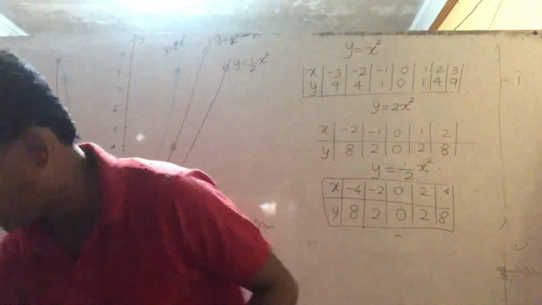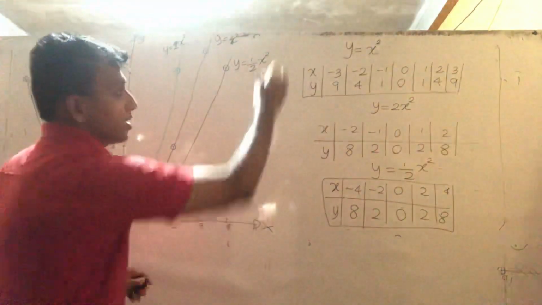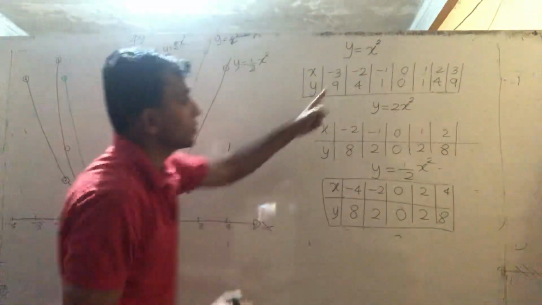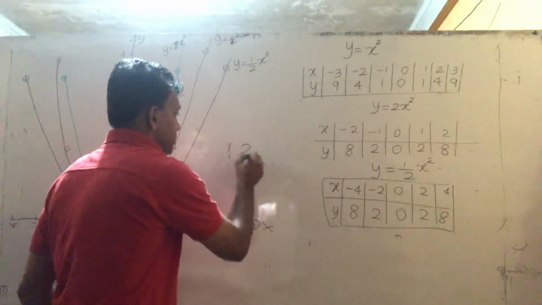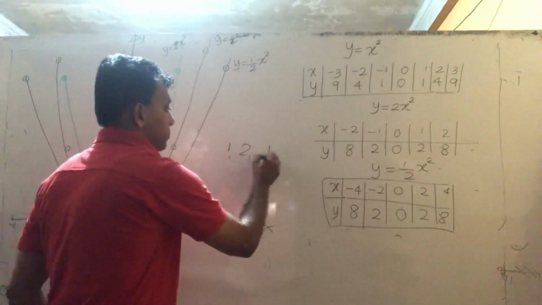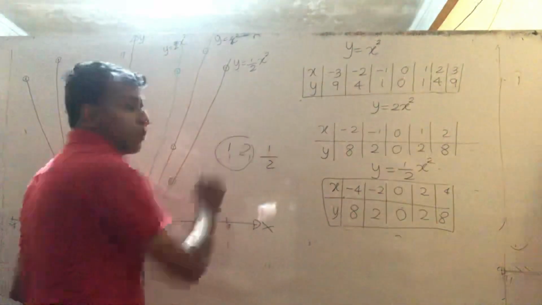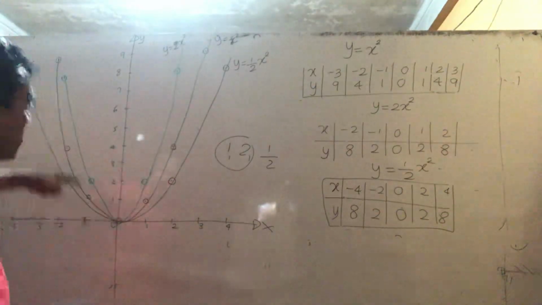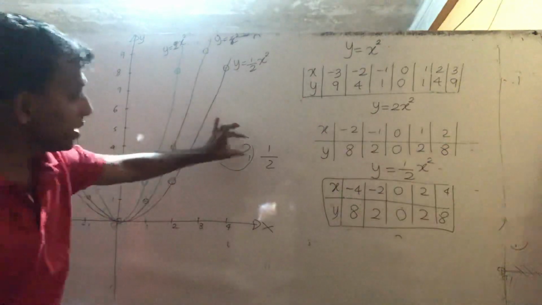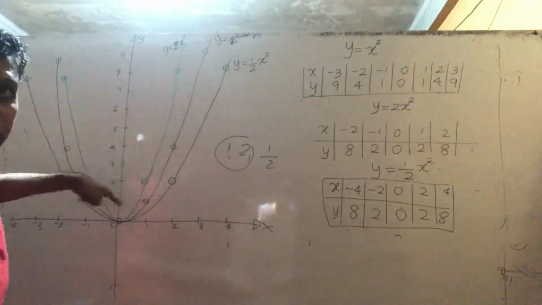What happened to those values, is it increasing or decreasing? First 1x square, then 2x square, then half x square. First study 1 and 2, what happened. This is the y equals x square graph. This is y equals 2x square, shown in green color.